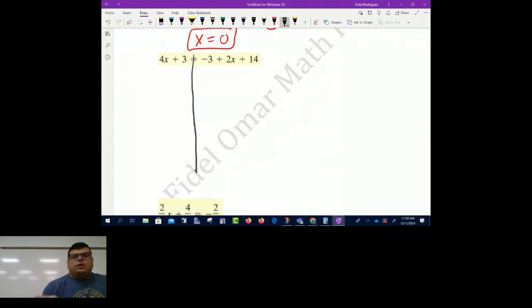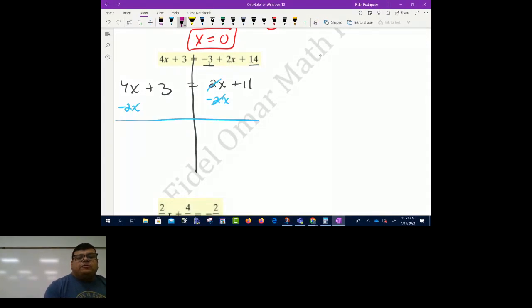Okay. So right here, I'm going to leave this 4x and this plus 3 equals, let's see, we can combine that guy and that guy. So negative 3 and 14 should be an 11. Again, I'm going to move the smaller x to the bigger x. So I'm going to move that 2x over here so that those guys will cancel. And then right here, look, 4 minus 2, 2x, plus 3 equals 11.